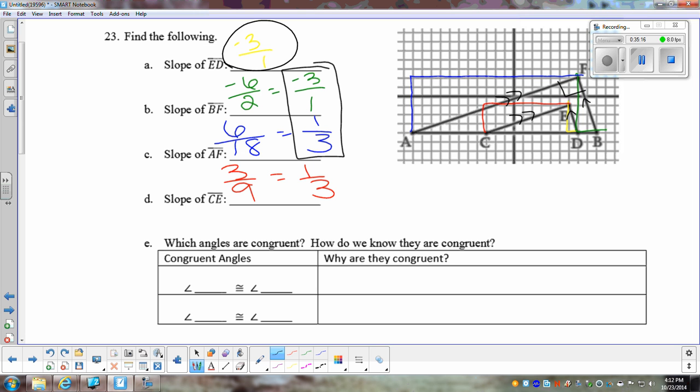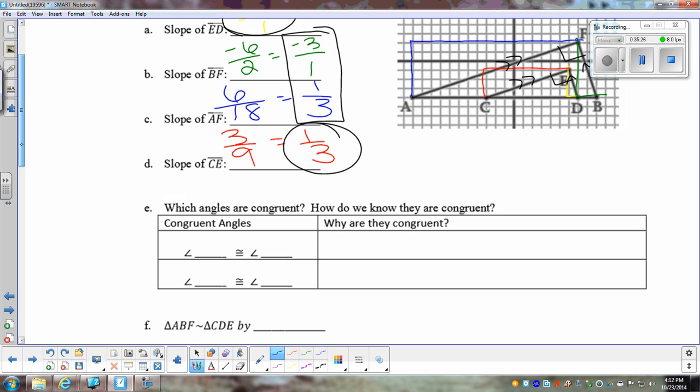And I also know that ED and CE have opposite reciprocal slopes, so angle CED is also a right angle. So automatically, when I'm looking down here, I can say that angle F is congruent to angle E, which I can also write out as angle CED is congruent to angle FB because I have perpendicular lines.